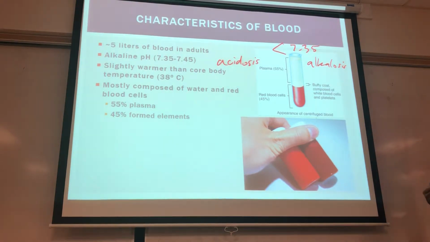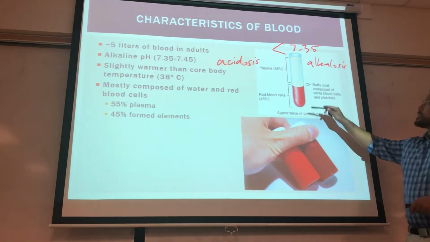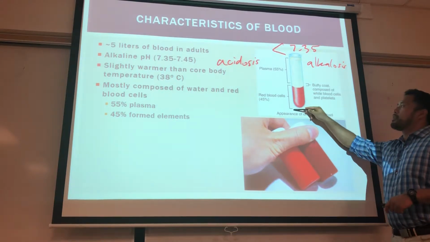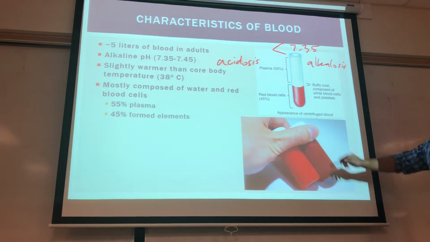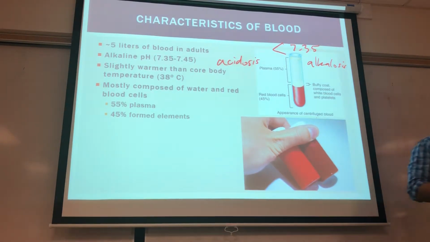This separation in the centrifuge will separate what we call the formed elements, of which most of it is going to be red blood cells, which we'll talk about in the next couple slides. The other portion of it is going to be water. So we have about 55% water in our blood, and that would be in our plasma. Right in between is what we call a buffy coat, which is going to be our white blood cells and platelets, and again, the heavier stuff, the red blood cells, the big formed elements, you'll see on the bottom.